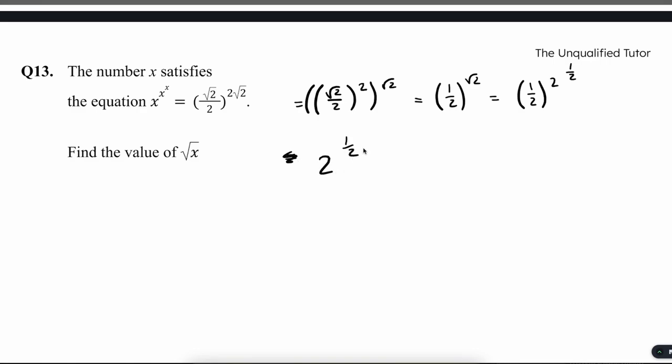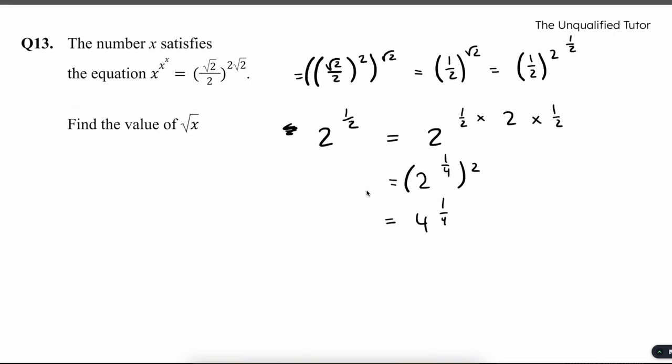If we multiply the 1/2 by 1, but instead of using 1 we multiply by 2 and 1/2, so that's just 1, then you get 2 to the power of 1/4, and then to the power of 2, which is 4 to the 1/4.